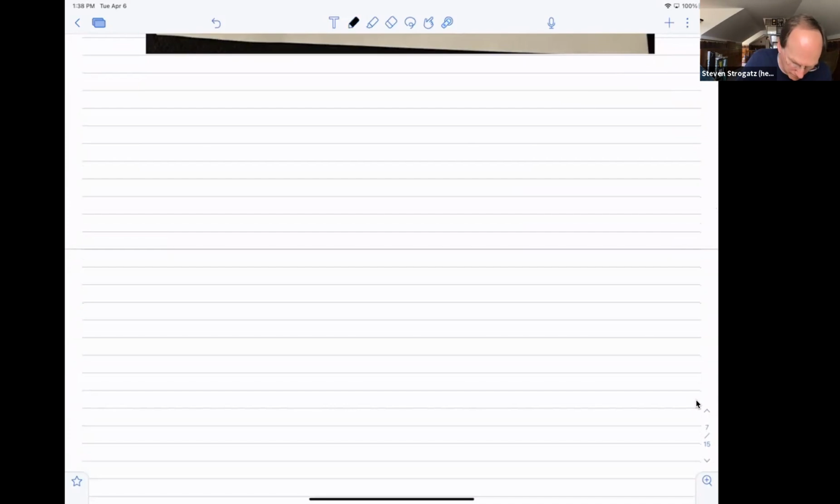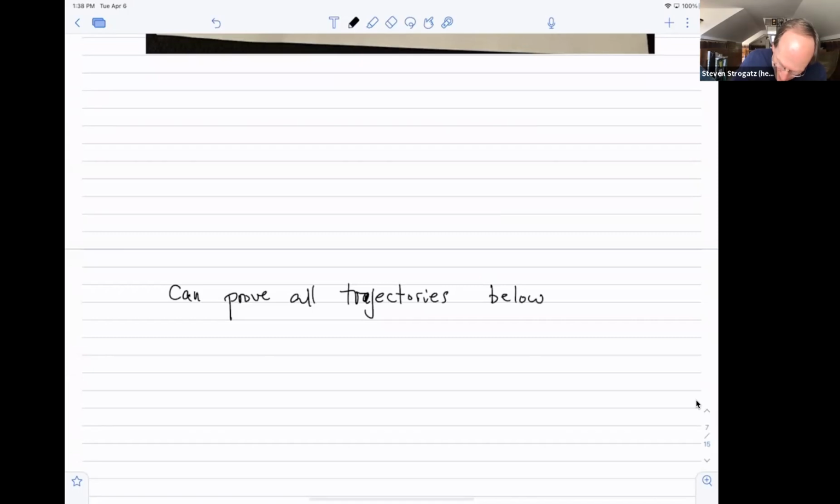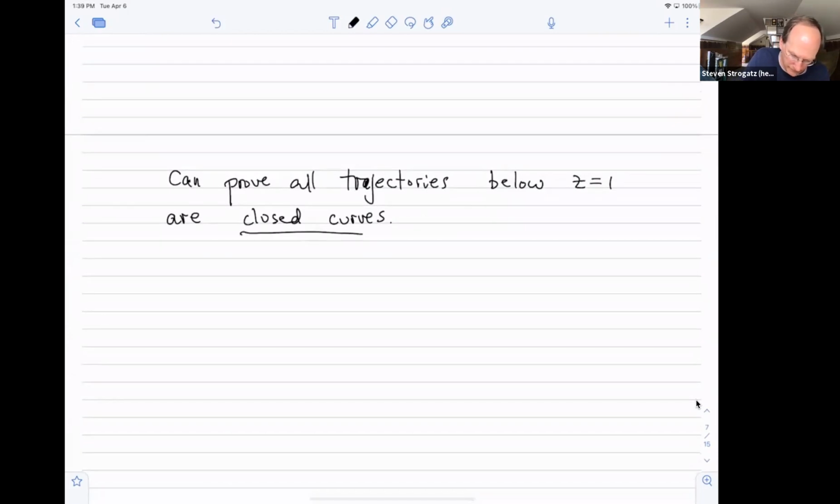So we can prove that all the trajectories that lie below the line z equals 1, that invariant line, are closed curves. So use a symmetry of this particular system.